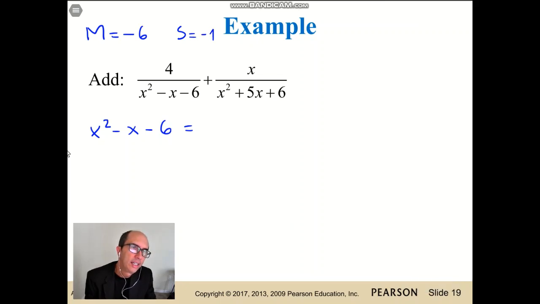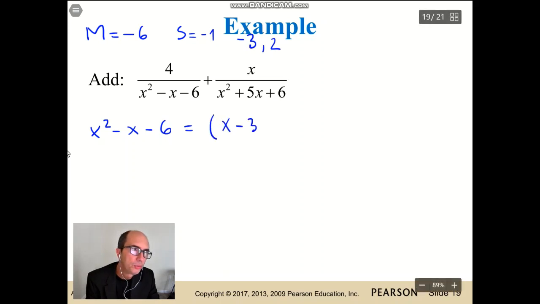Think, maybe we can use the pair negative 3 and 2, right? Because negative 3 multiplied by 2 is negative 6, and negative 3 plus 2 is negative 1. Rewriting: x minus 3 times x plus 2.